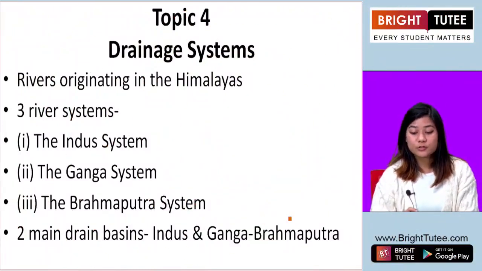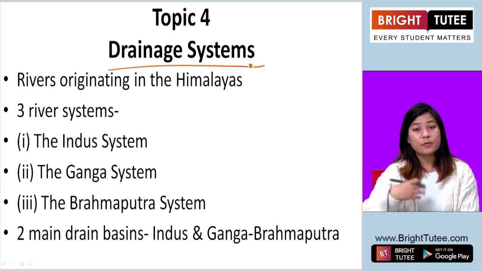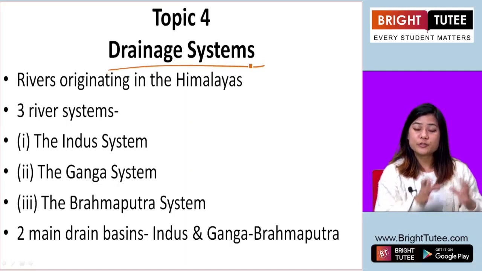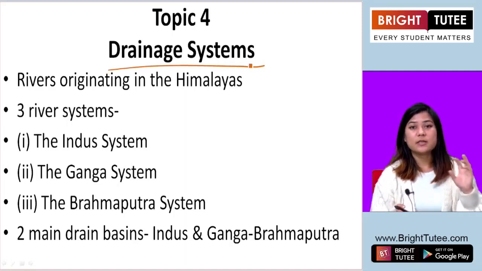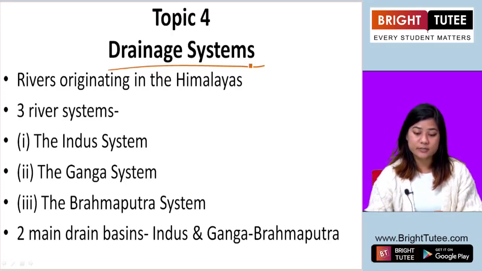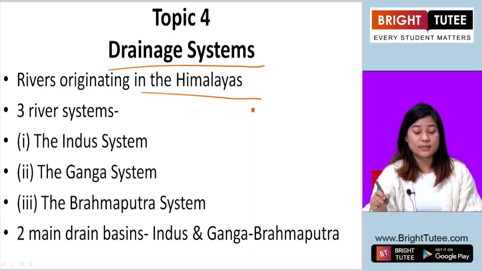Now let's move on to another topic, which is the drainage system. Now we will look at the river system belonging to each category, which is the Himalayan rivers category and the peninsular rivers category. The Himalayan rivers category are the rivers which originate in the Himalayas.